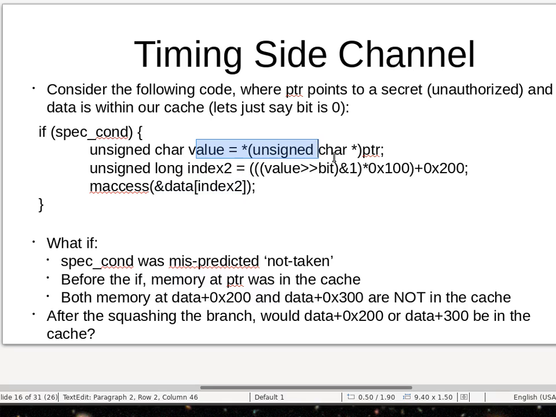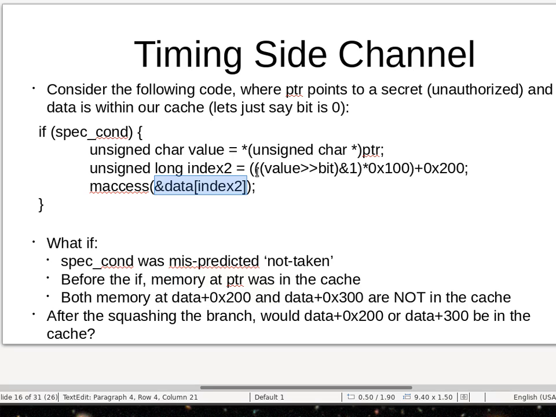This is normally not allowed, but since it's speculative execution, these accesses are going to be executed and complete, but then the violation right here will be squashed because of the architecture.